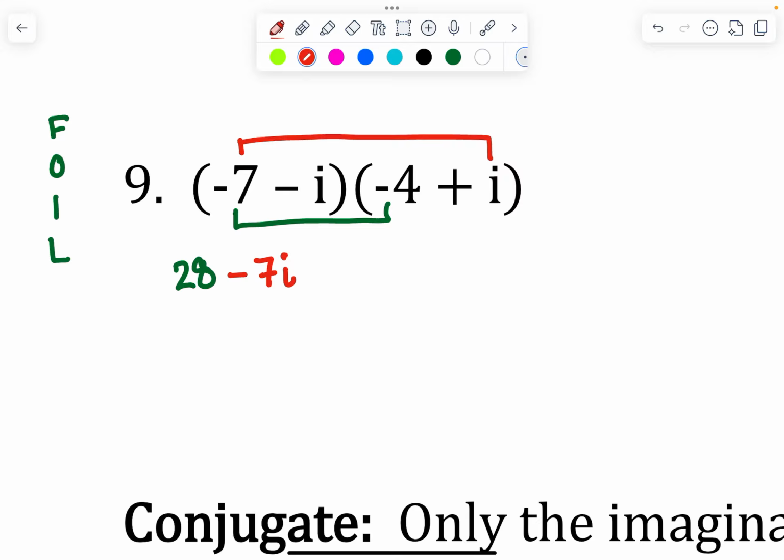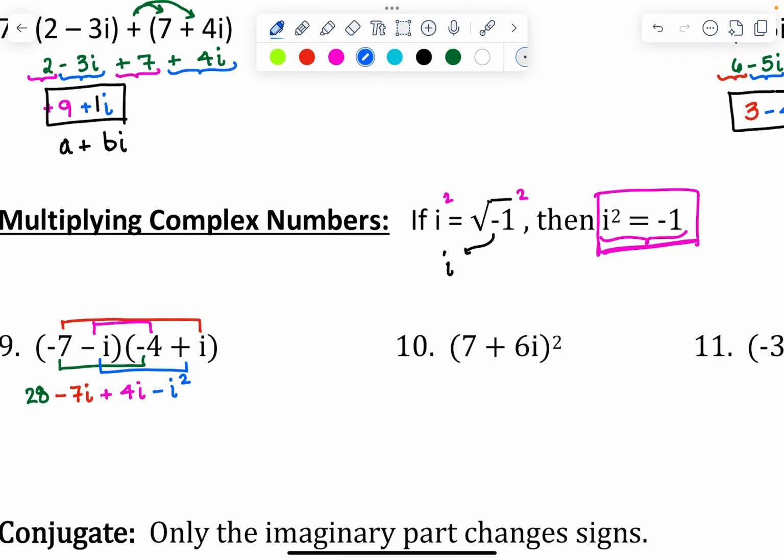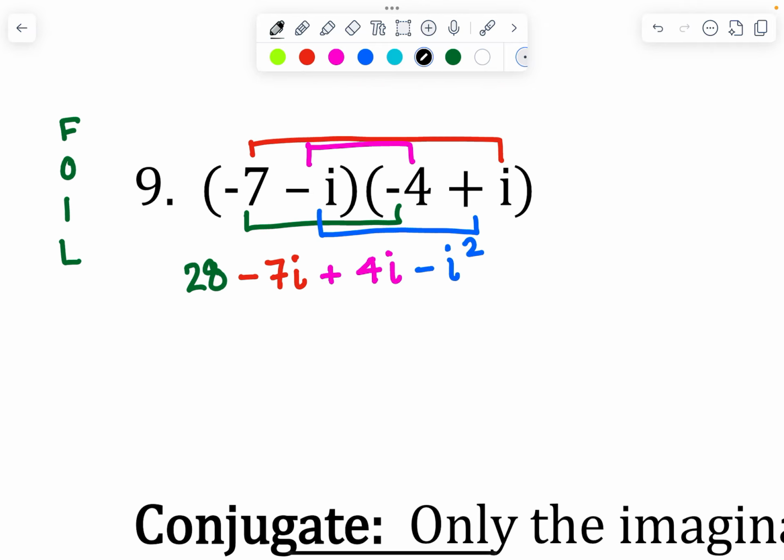Remember, you're multiplying. And then you have the inner, negative i times a negative 4. That's a positive 4i. And then your last, negative i times a positive i is a negative i squared. Now remember, we just got done saying that i squared is a negative 1, so we have to be careful to plug in a negative 1 for i squared.